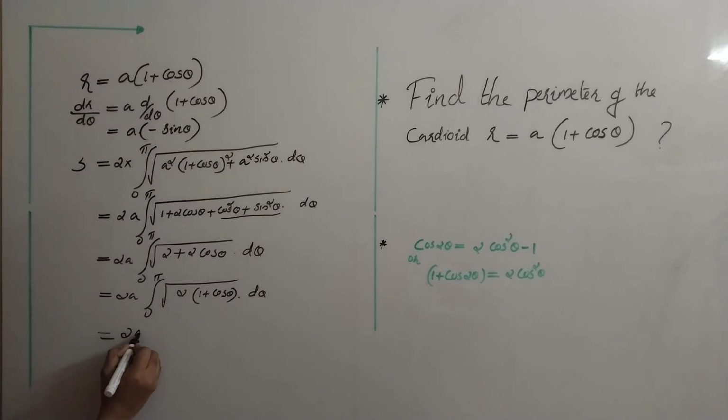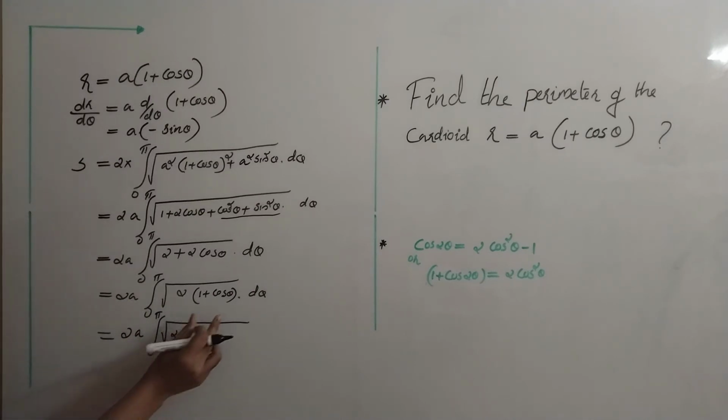Then this equation becomes 2a times the integral from 0 to π of √(2 × 2 cos²(θ/2)) dθ. 1 + cos θ is 2 cos²(θ/2), and this becomes 2 into 2, 4.